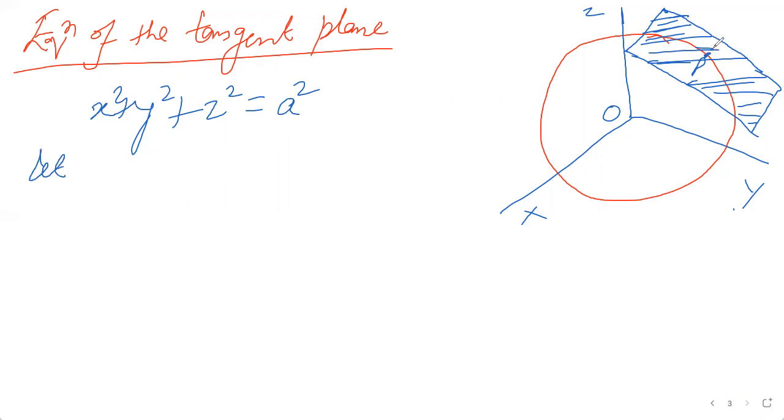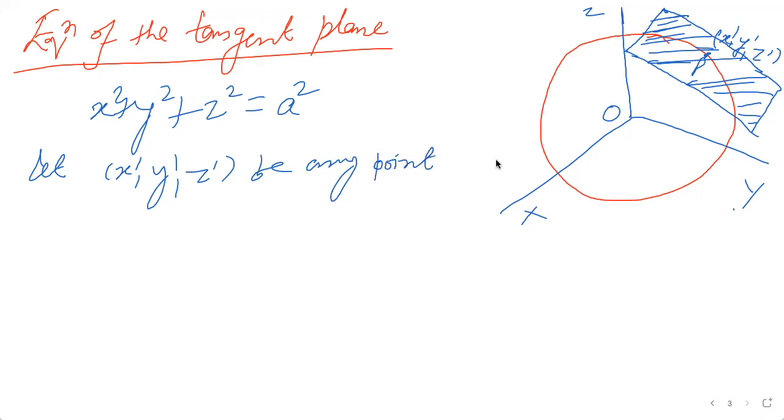Here I am taking any point P whose coordinates are x dash, y dash, z dash. So this point will be on the sphere as well as on the tangent plane.